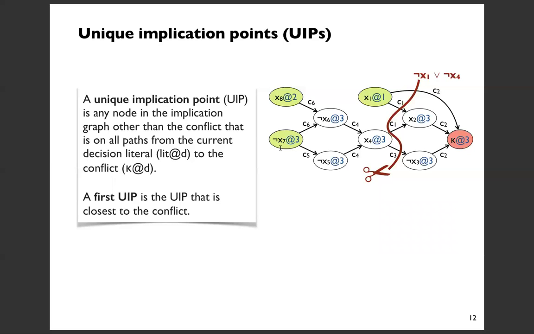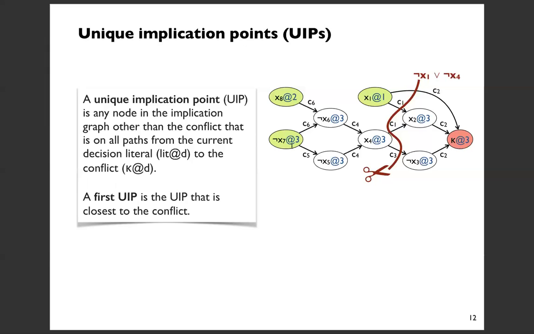Of course, the source node that represents the decision made at the current level is always a unique implication point, because X4 is a unique implication point since, from the node that represents the decision made at the current level, all paths going to the conflict node pass through X4.